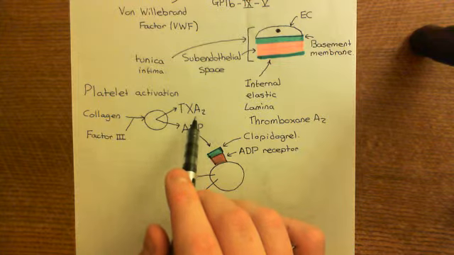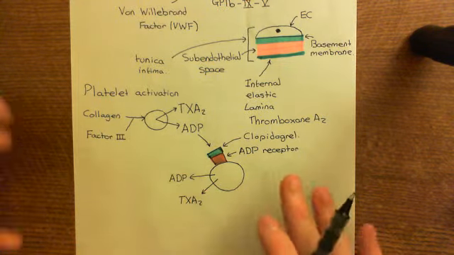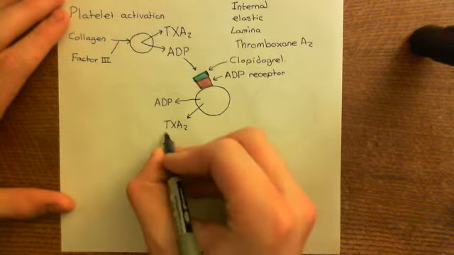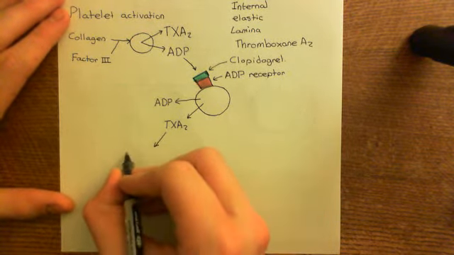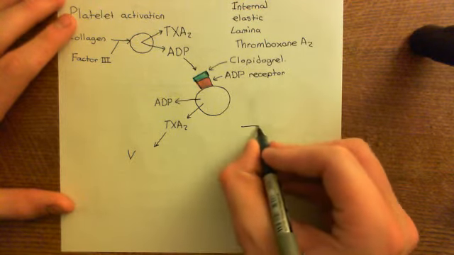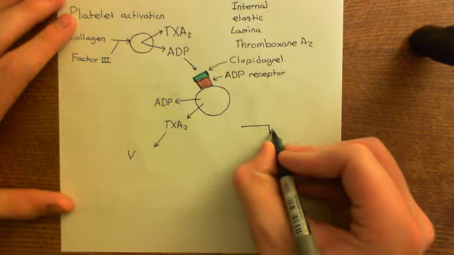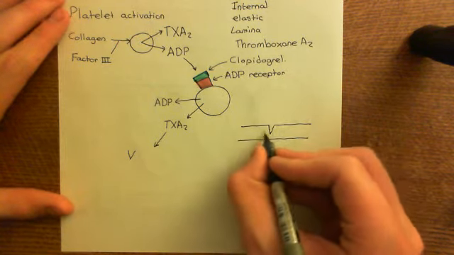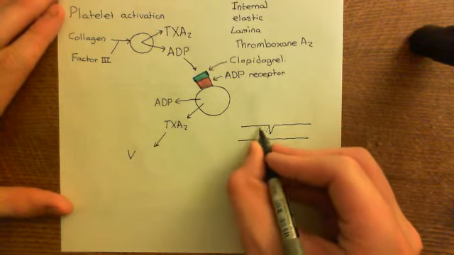So firstly, what thromboxane A2 does is it causes vasoconstriction of the blood vessel. So if we draw our whole blood vessel here, with this cut down the middle, then what's going to happen is you're going to get thromboxane A2 being produced all over the place.